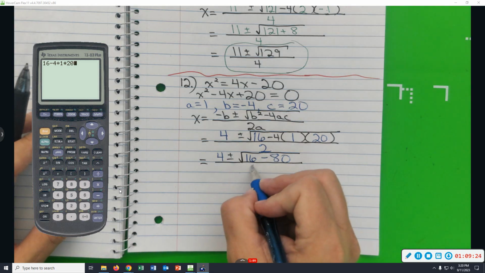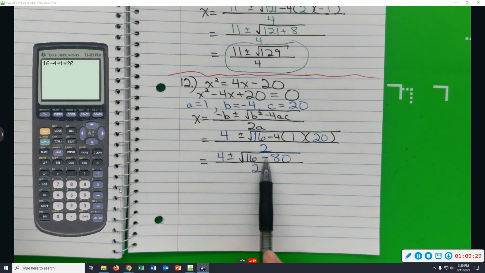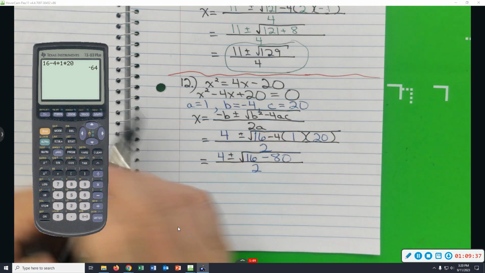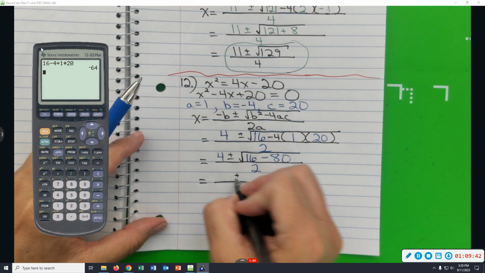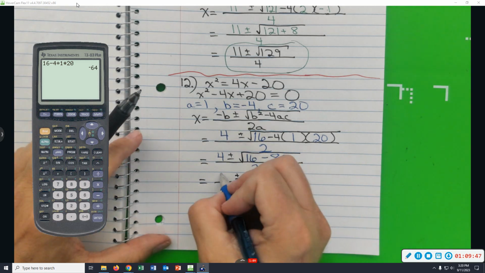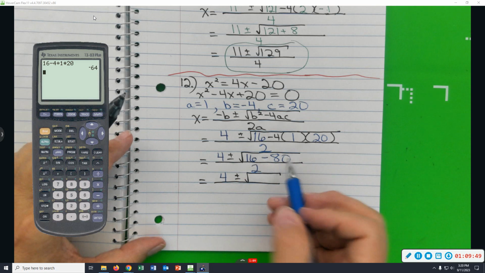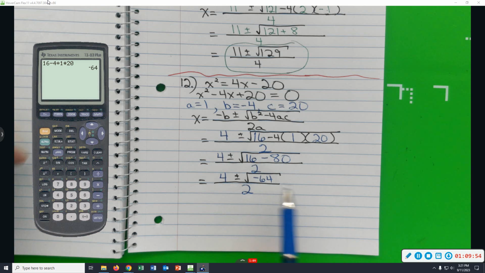All over 2. 16 minus 80. A -64, I agree. Is that what you got using that calculator of yours? Yes, even if I'd used my telephone, I would have thought. So 16 minus 80, y'all agree with the negative 64. Oh, this is nice. I like this problem. How can we reduce the square root of negative 64?